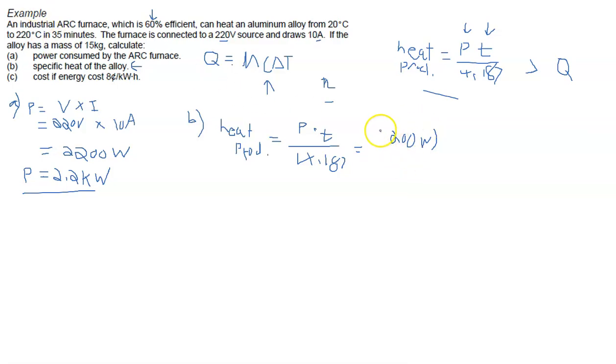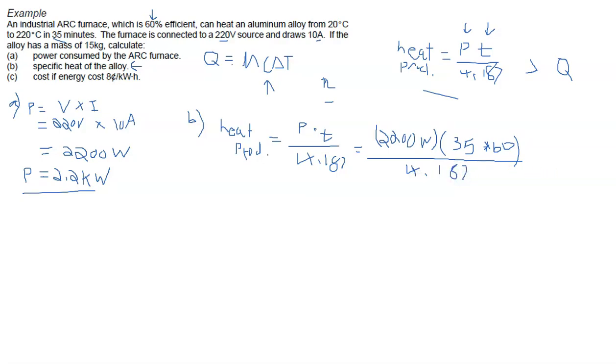And so that's very important because, you know, the formula has been defined with base units. 35 minutes means that we have 35 minutes times 60 seconds per minute and divide that by 4.187.